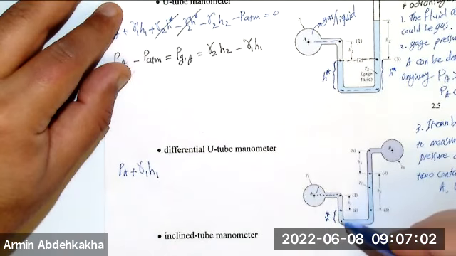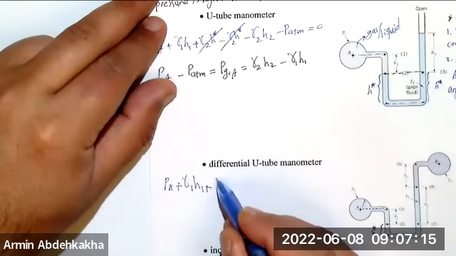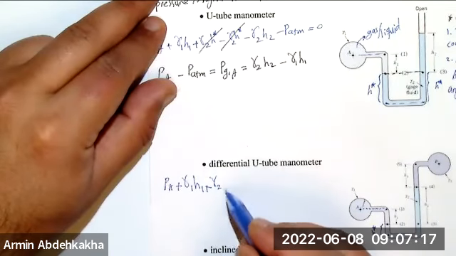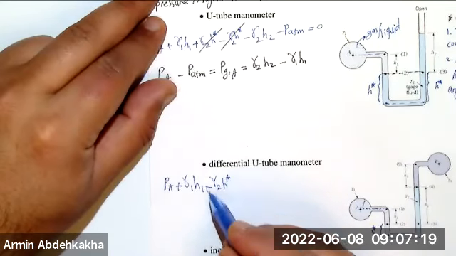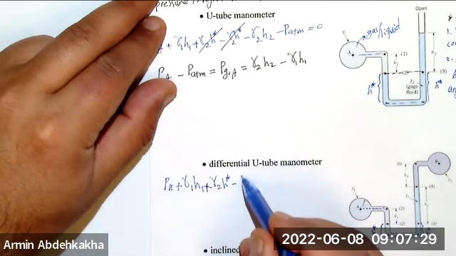You stop here because the fluid changed. Now you are moving down because of H star. Gamma is gamma 2, the second fluid, and H star, but use positive sign. Then moving on the line, nothing changed.